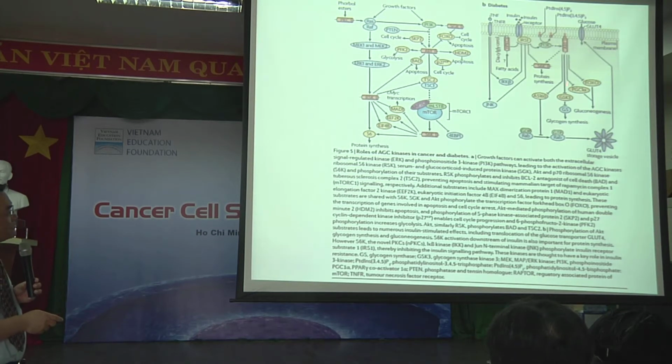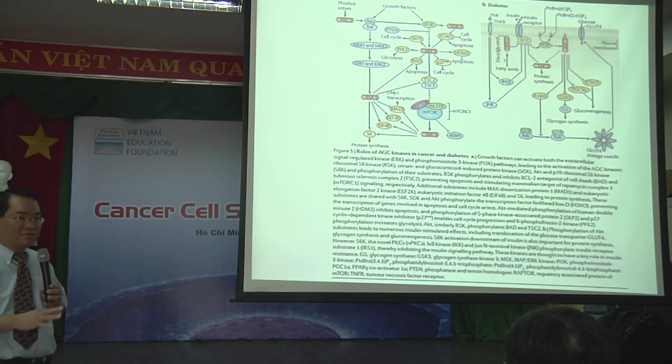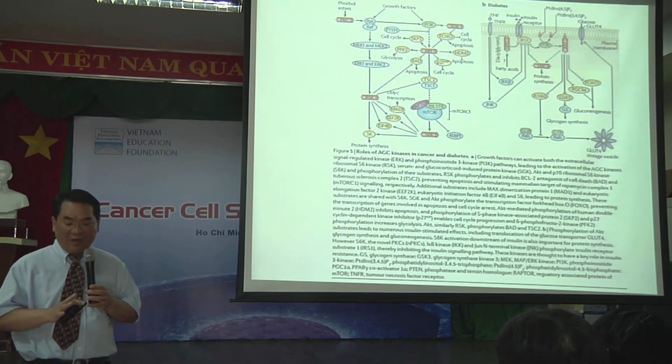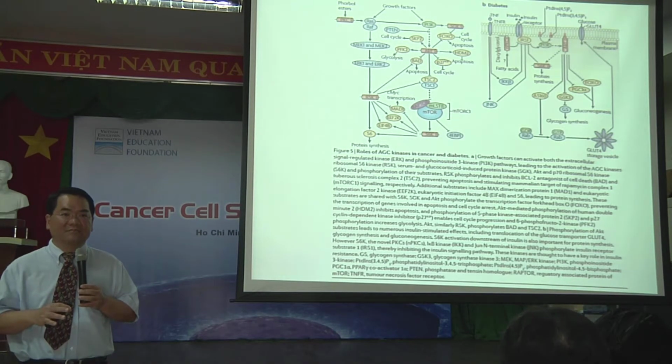So AKT will do several things to prevent further gluconeogenesis, but because the glucose needs to be uptaken and then form the glycogen, the AKT actually promotes the glycogen synthesis. AKT actually helps the glucose uptake. Now, a lot of regulation in a normal cell is required. It's just that the balance is tilted, and then it becomes trouble.